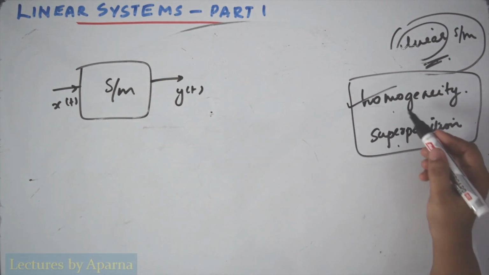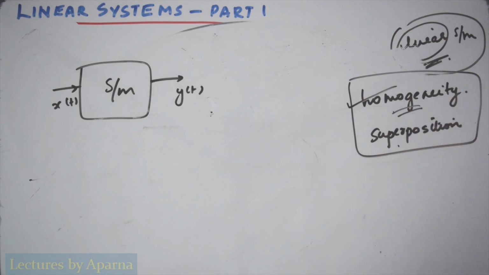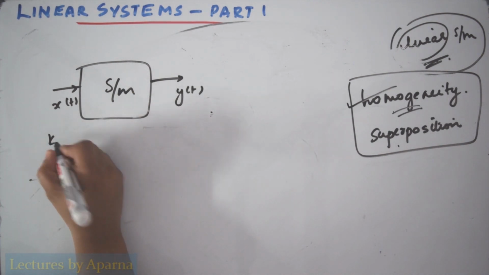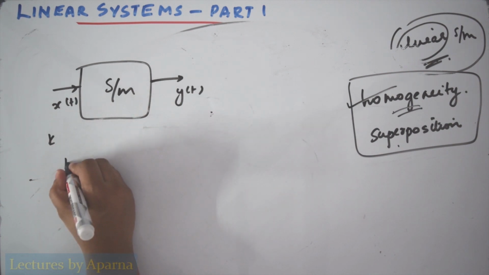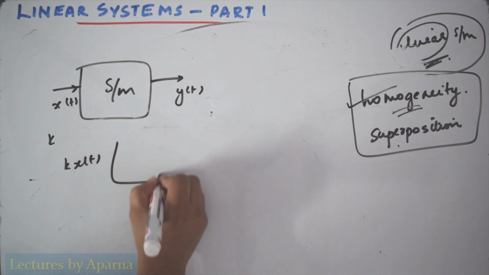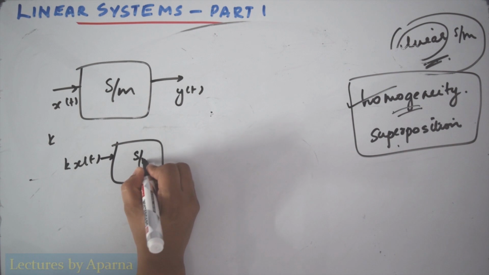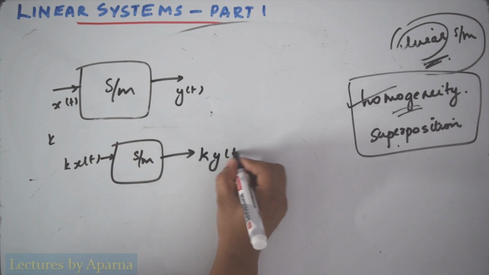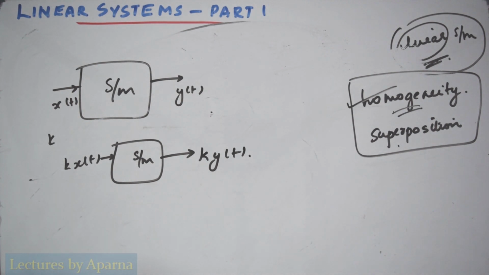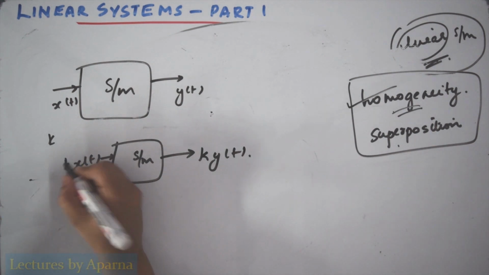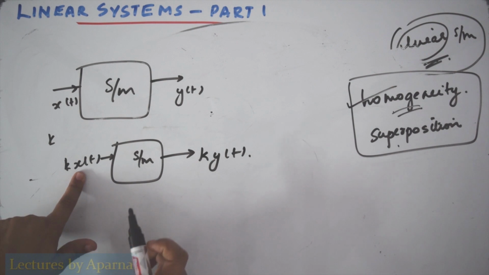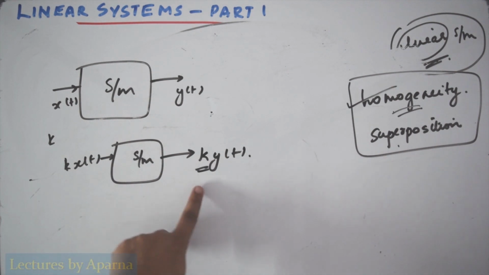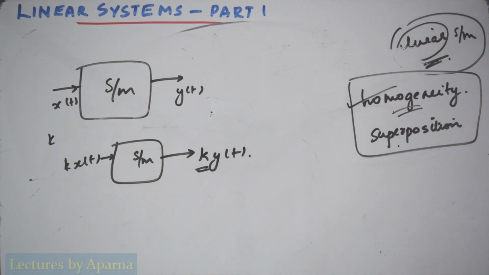The homogeneity principle says that if I increase this x of t k times, if I give input as k x of t to the system, then the system should give the output as k times y of t. If the input is made k times x of t, then the output should also be increased correspondingly by the scalar k.